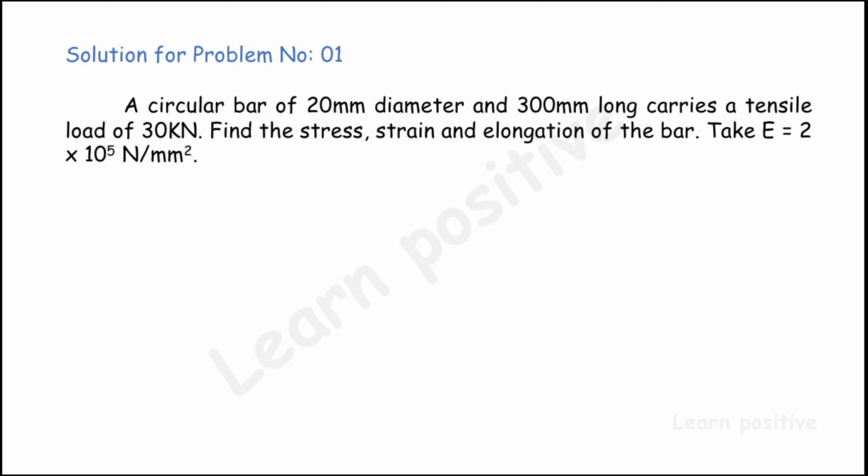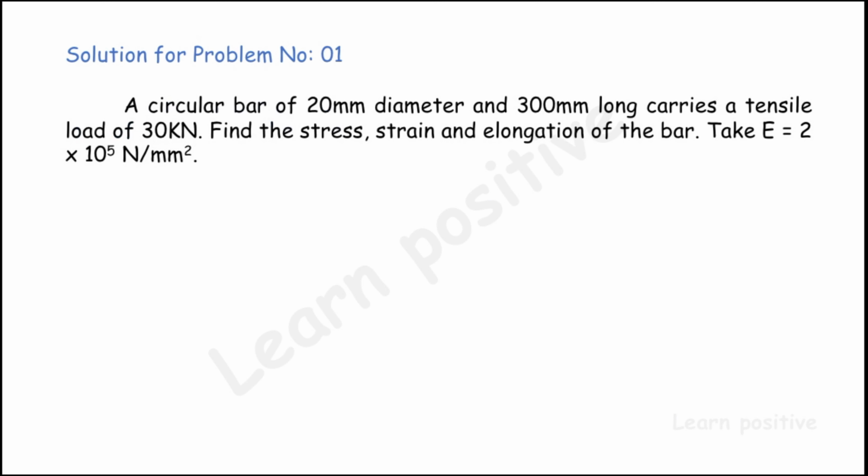Now we are going to see what the details in the question are. The first one is it is a circular bar, so it is a cylindrical bar. It has the diameter of 20 mm and it has the length of 300 mm. Now we are going to give a tensile load on the circular bar, like pulling the bar on each side by giving a load of 30 kilonewton, and by pulling the bar we are getting the Young's modulus as 2 into 10 to the power of 5 Newton per mm square.